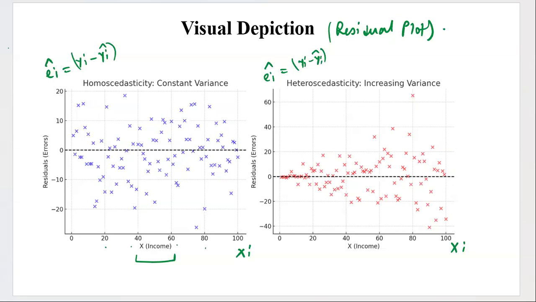As your income increases, you see the residuals are uniformly spread across this line. This is the zero line, meaning there is no deviation between the actual spending and the predicted spending, right? If this is the case, then there is no heteroscedasticity.